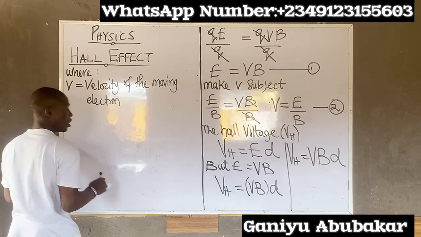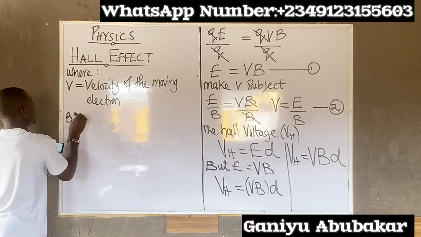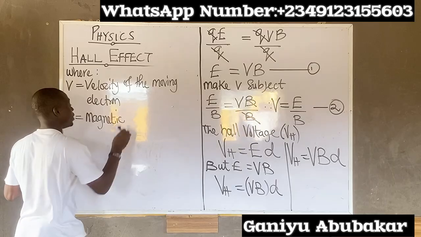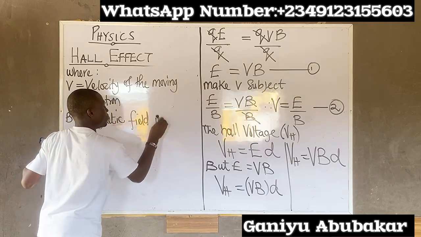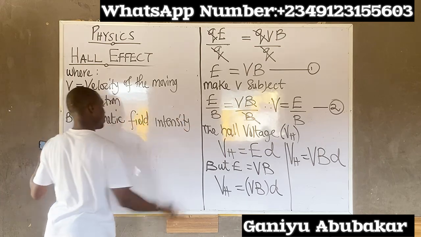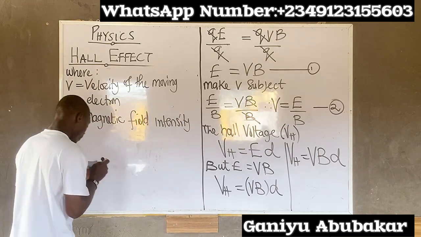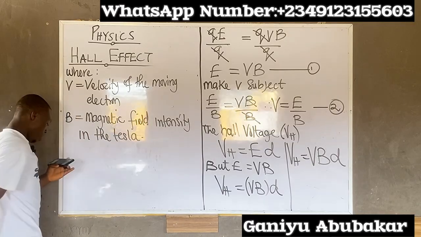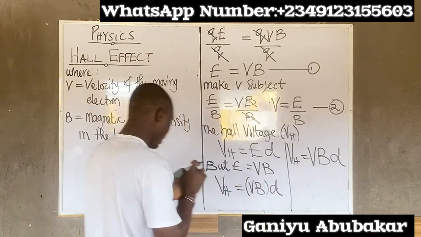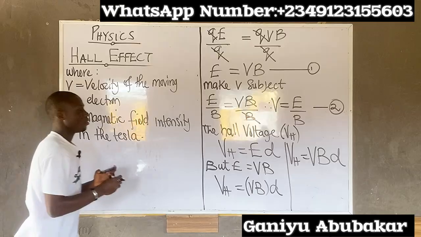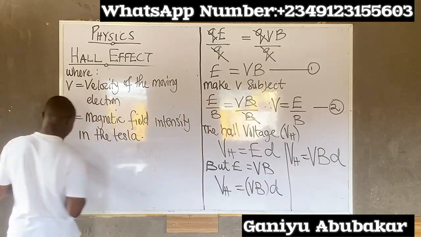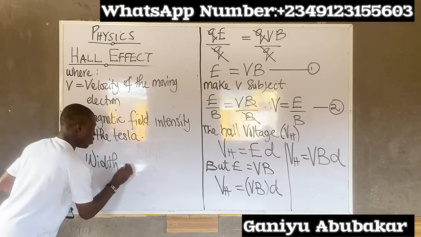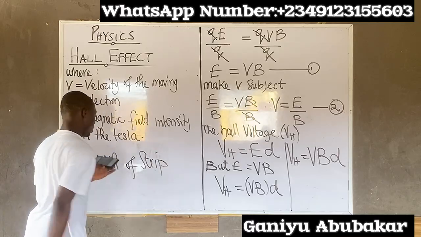B signifies the magnetic field intensity in Tesla. And d signifies the width.